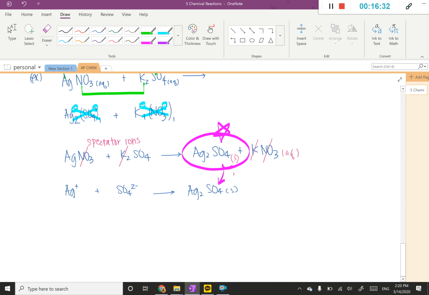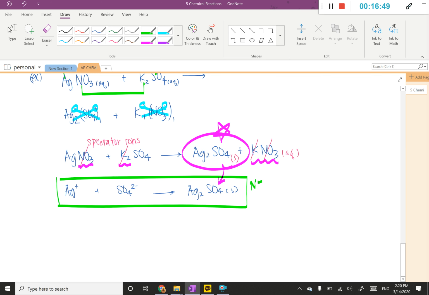Ag2SO4 is getting married, right? Who is going to be the spectator at the wedding? These ones are going to be the spectators at the wedding, okay? So hence, this right here is called a net ionic equation. Okie dokies? That's it.